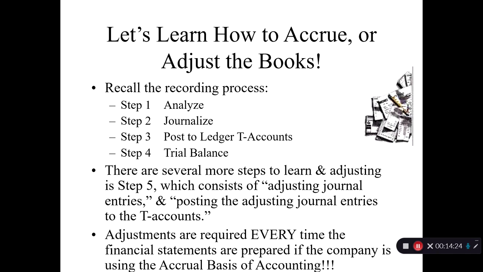There are several more steps to the accounting cycle to learn, and adjusting is step 5, which consists of all the adjusting journal entries and then posting the adjusting journal entries to the T accounts. The last statement here is very important. Adjustments are required every time the financial statements are prepared if the company is using the accrual basis of accounting. So if they need to prepare financial statements in the middle of July, they need to adjust the books before they prepare the financial statements.